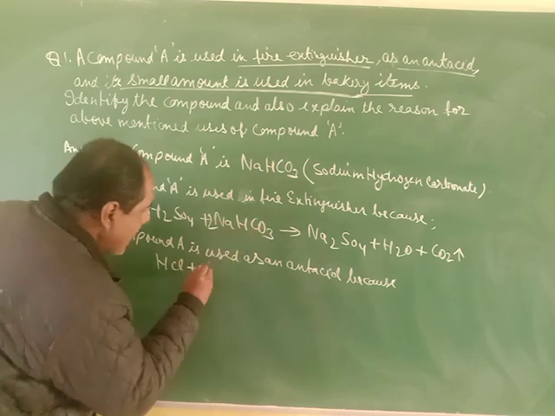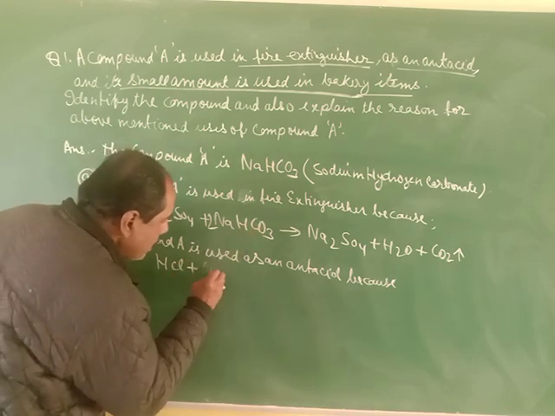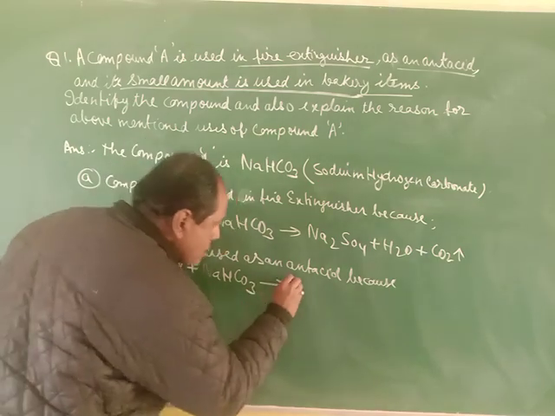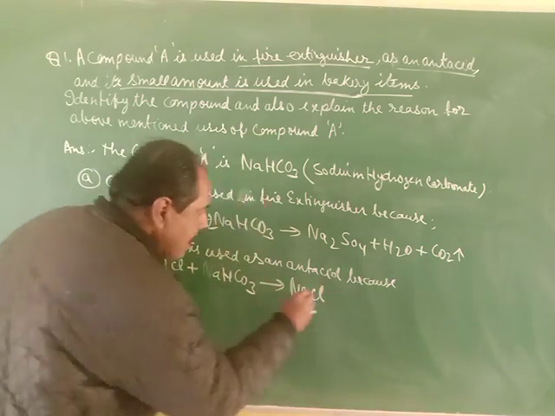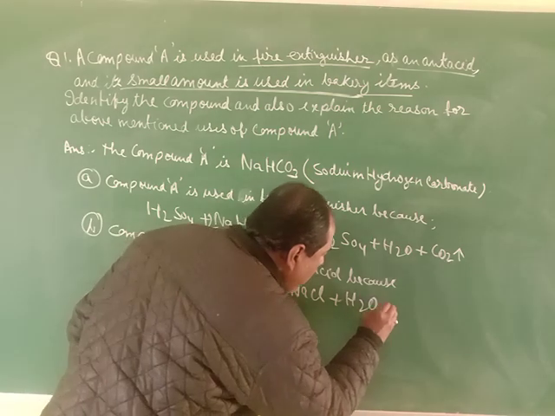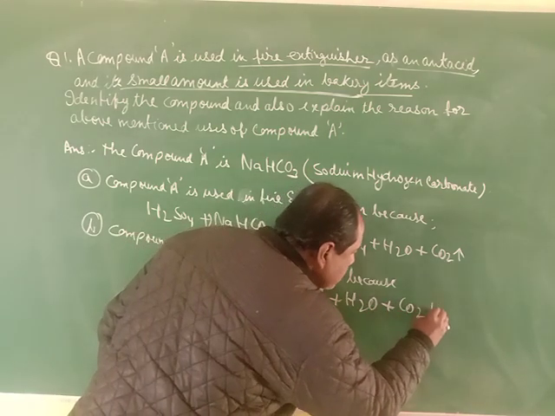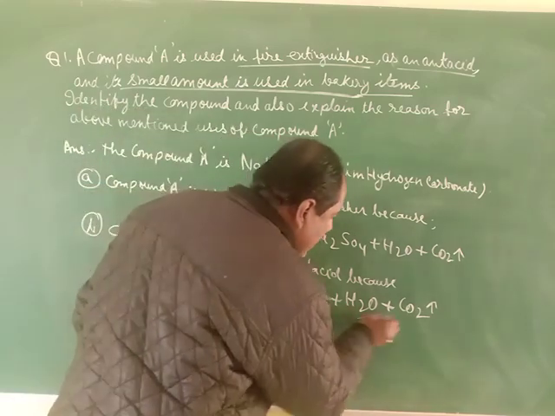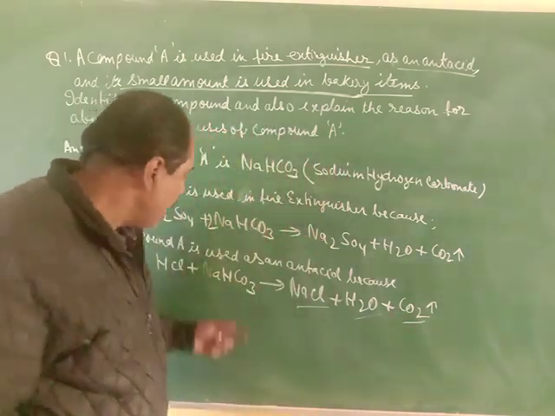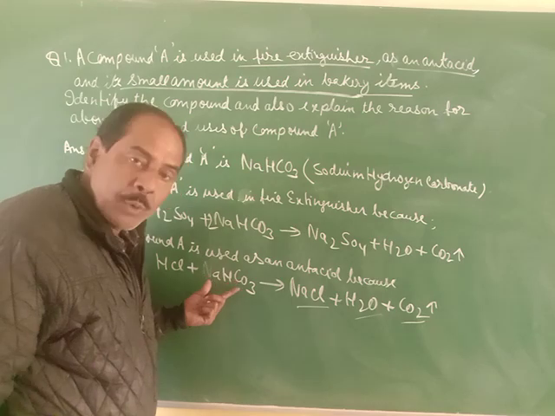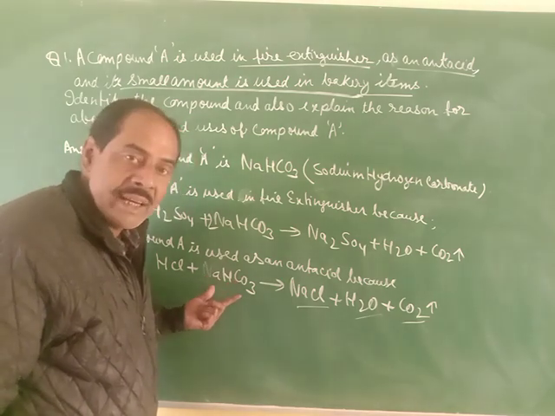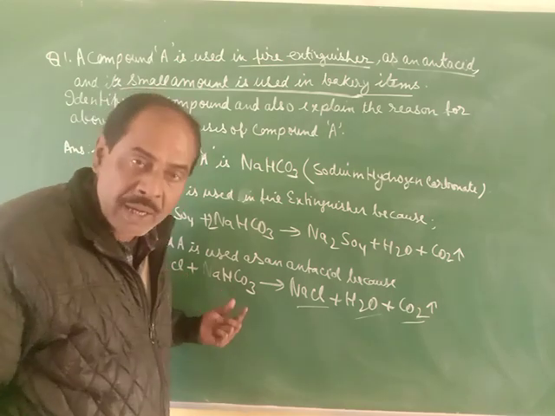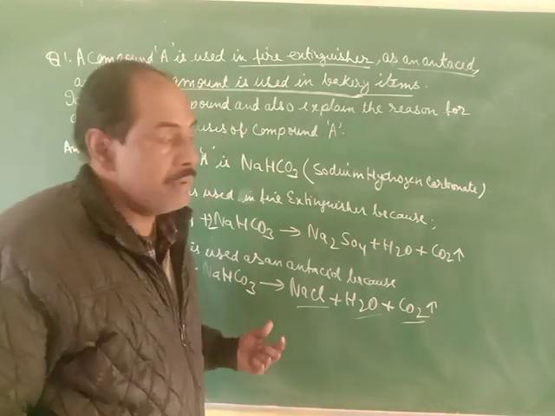This HCl reacts with NaHCO3 to give salt, that is NaCl plus H2O plus CO2. Again salt is formed, and water and carbon dioxide gas are liberated. This means sodium hydrogen carbonate is used as an antacid because it neutralizes the effect of HCl in our stomach and gives us relief.